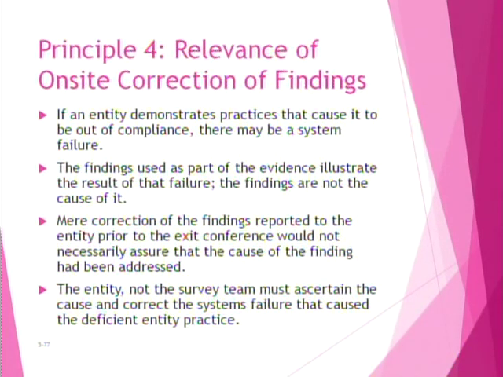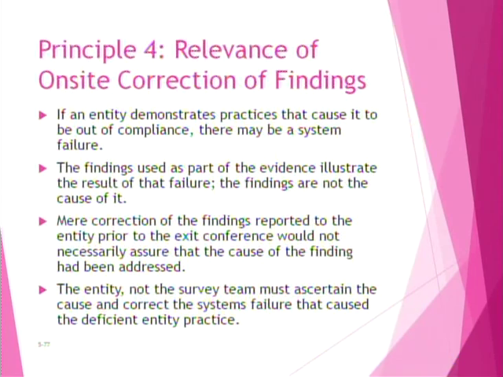So again, if the facility does correct maybe some of those findings that were reported prior to the exit, we would not necessarily assure that the cause of the finding had been addressed. So even though they did correct something about it, they haven't looked at what was the big cause. And that's what happens in a system failure.